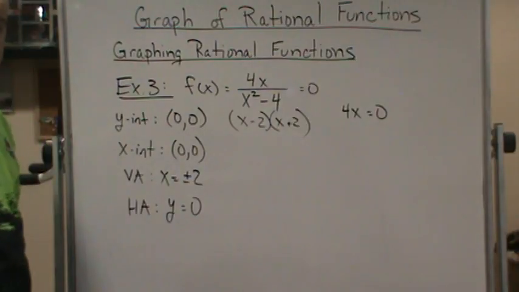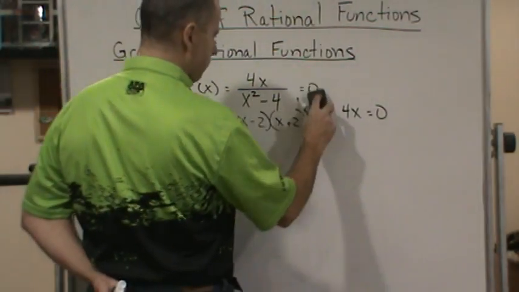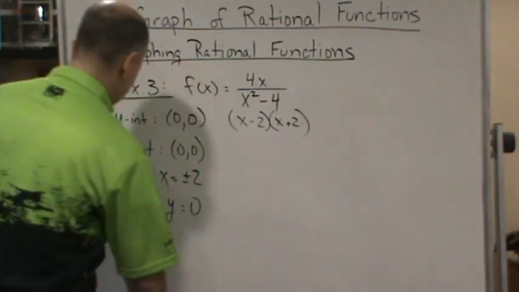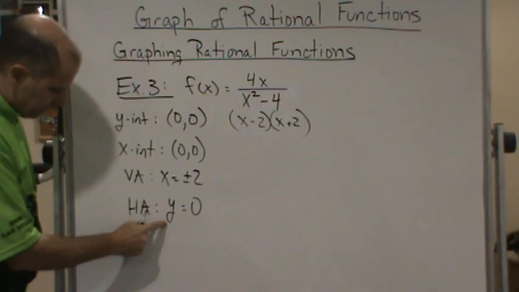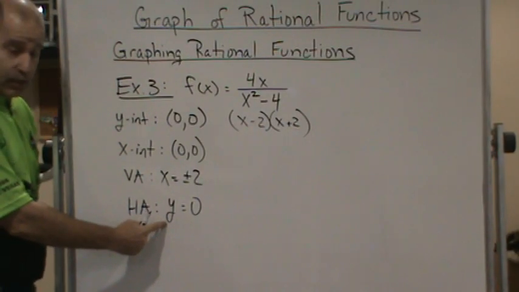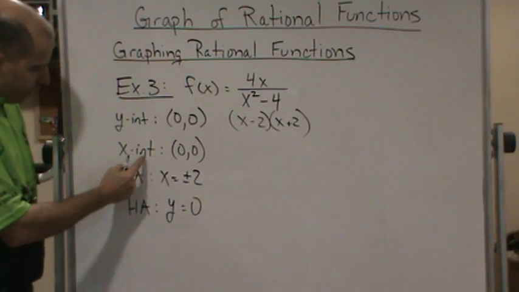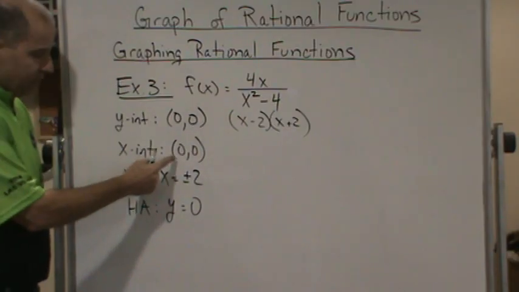By the way, you don't even have to do this, because we know the horizontal asymptote is the x-axis and we already know there's an x-intercept at the origin.